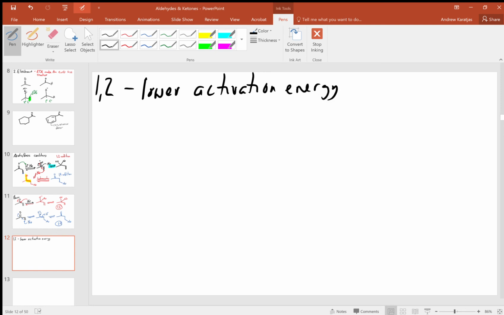And so because it has a lower activation energy, it will always occur first. So even in a situation where we get 1,4 as the product, 1,2 happens first.